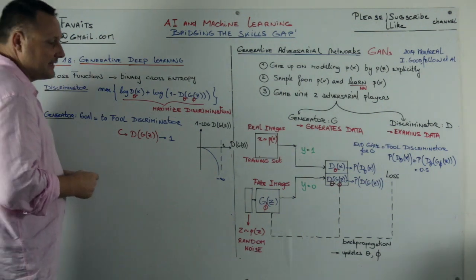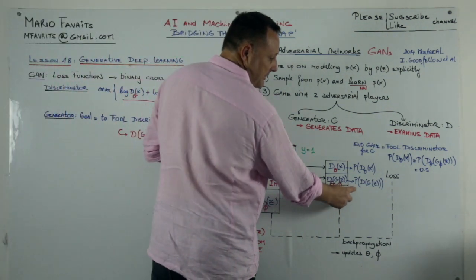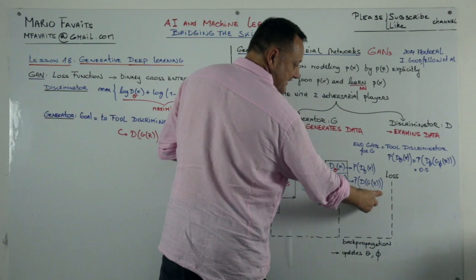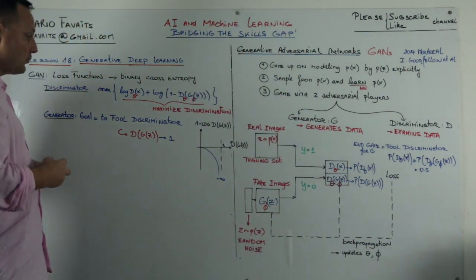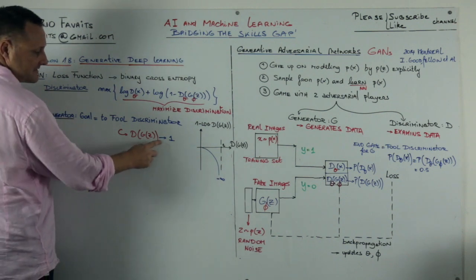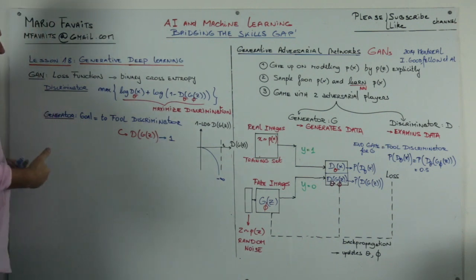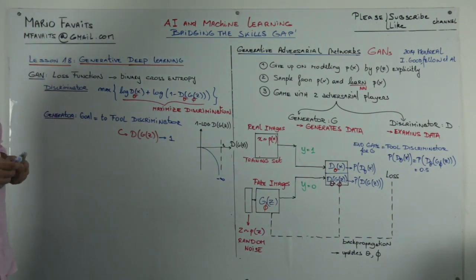Fooling the discriminator means that the probability of this argument, D(G(z)), should be 1. Yeah? If this is 1, then the discriminator will be fooled.